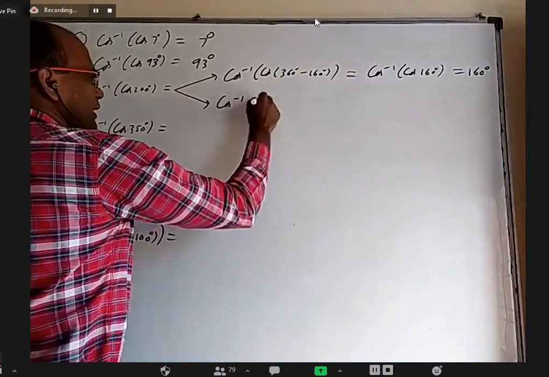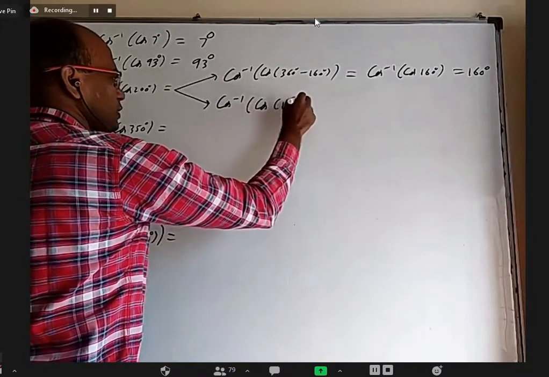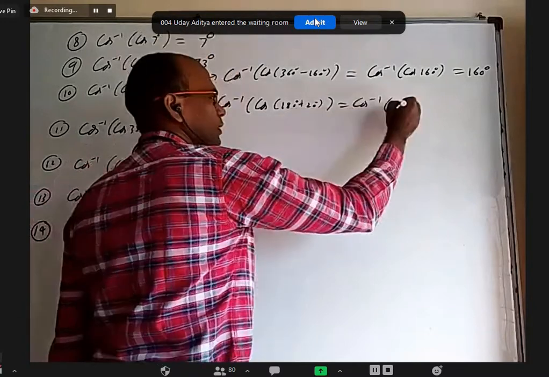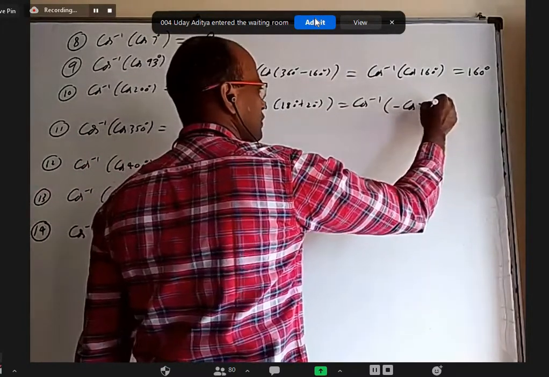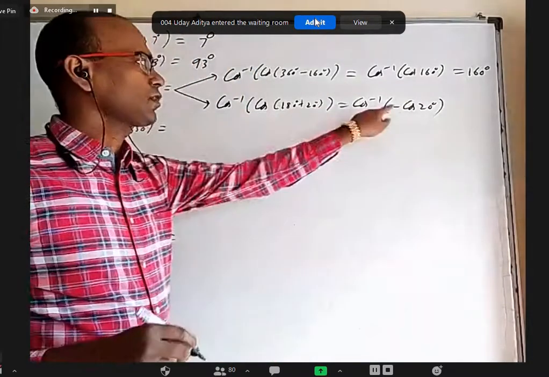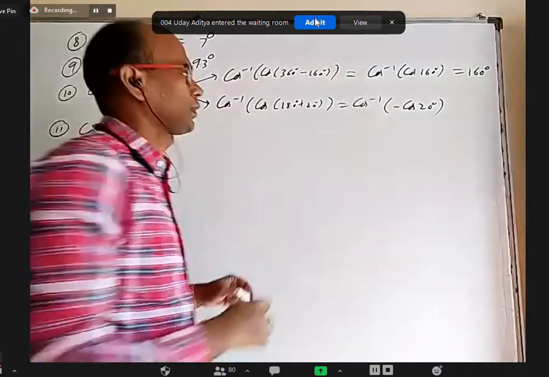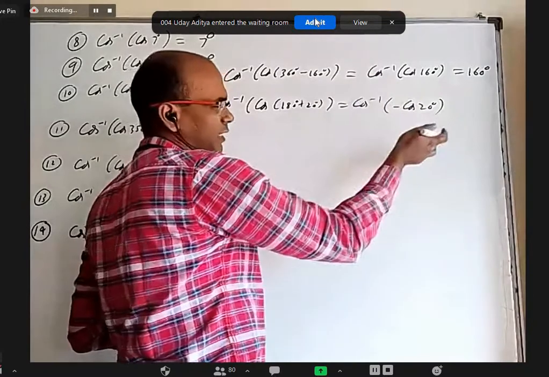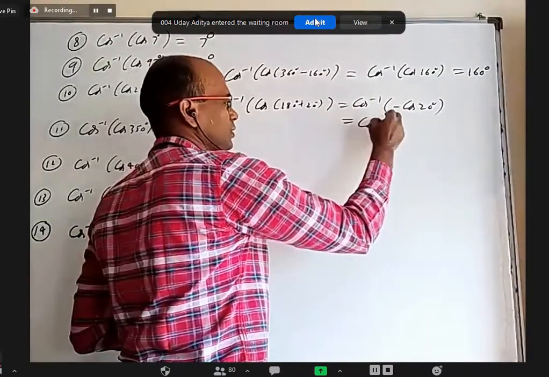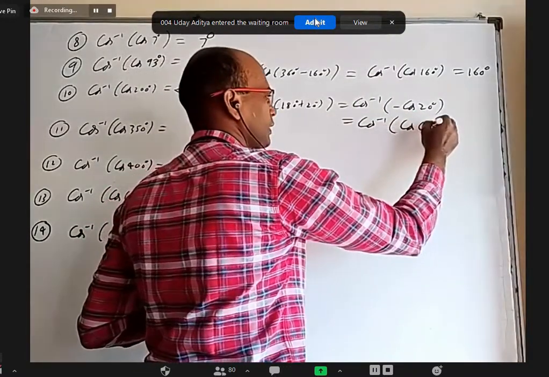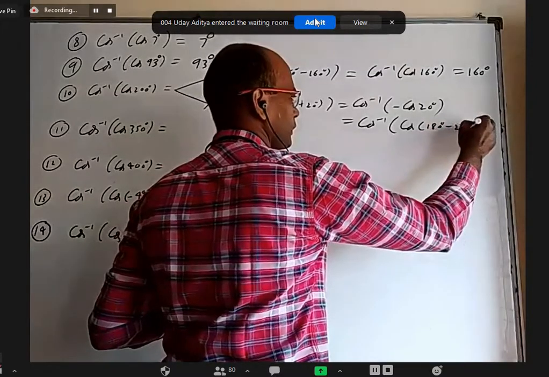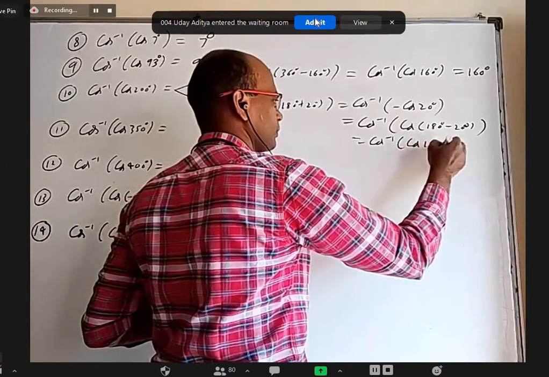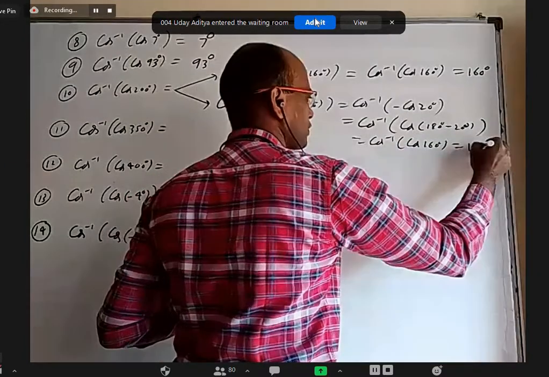If somebody writes, let us say 180 plus 20, nothing wrong in writing, but cos inverse cos 180 plus 20 is minus cos 20. We cannot take out the minus because we don't have any such formula, and we cannot take it inside directly. So we have to write minus cos theta as cos 180 minus theta, cos inverse cos 180 minus 20, which is cos inverse cos 160, and that is directly 160.